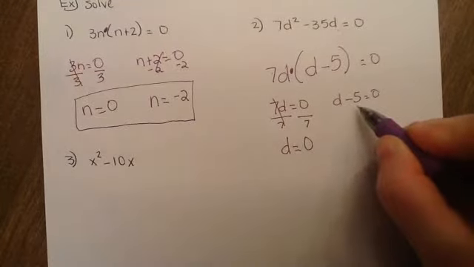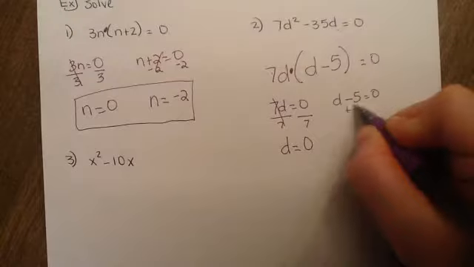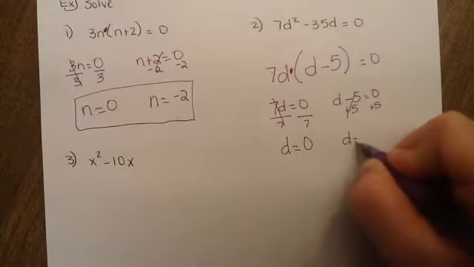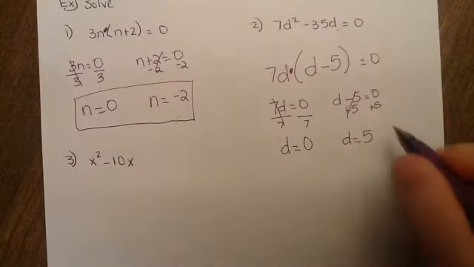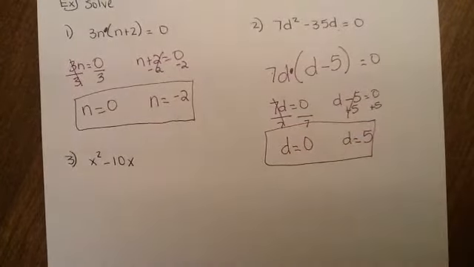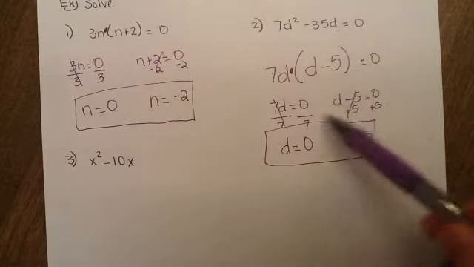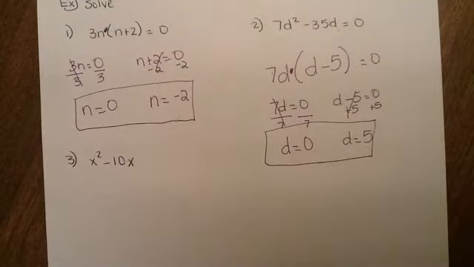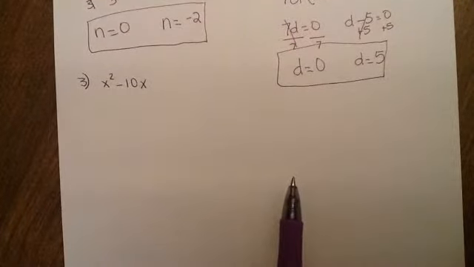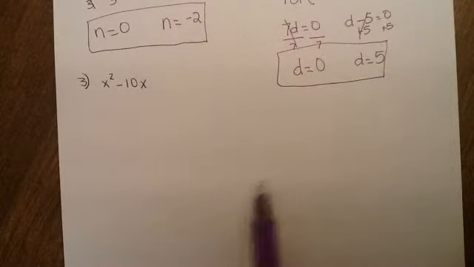And what about here? Add 5, d equals 5. There are our two solutions. Factor, set each piece equal to 0. Try this next one on your own. Let's see how you did.